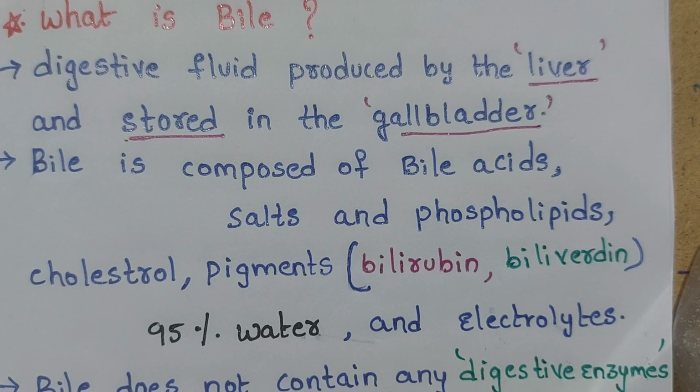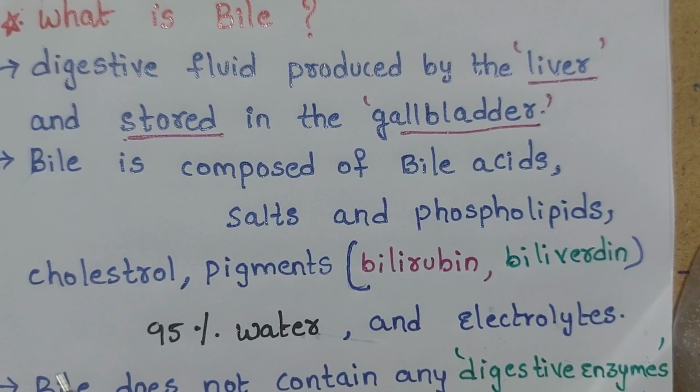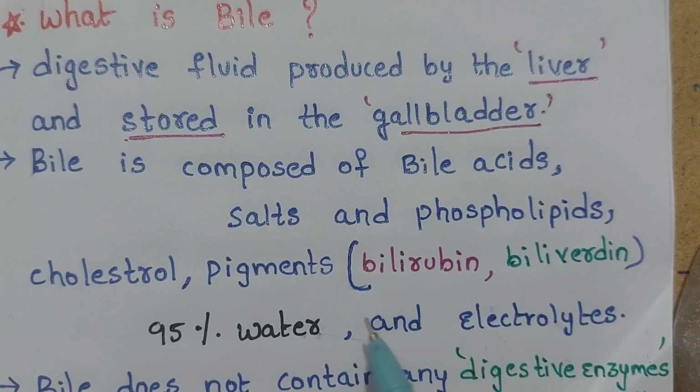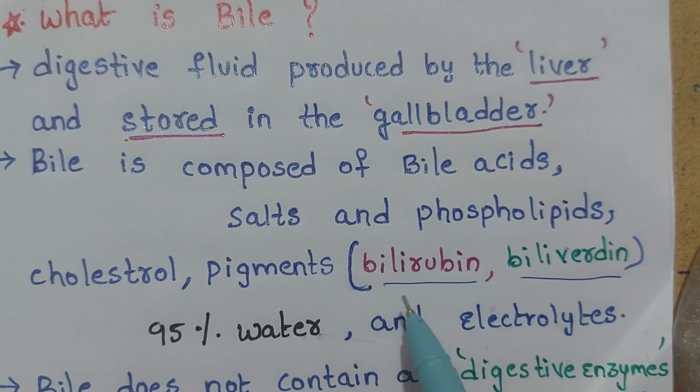So, what is bile composed of? Bile is composed of bile acids, salts, phospholipids, cholesterol, pigments, bilirubin, biliverdin.